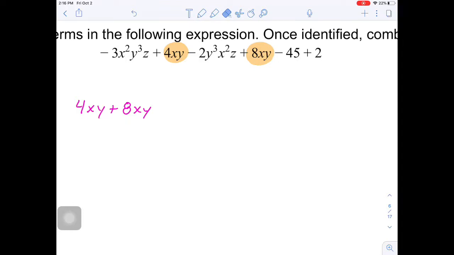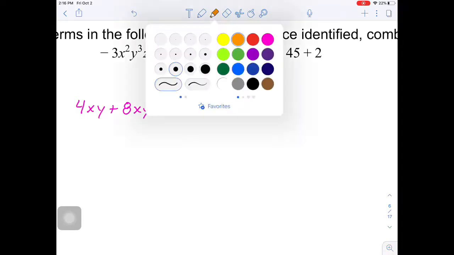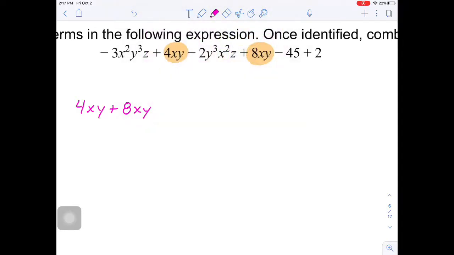Okay. Now, where else are there similar terms? So here we have x squared. This guy has x squared. Remember, multiplication is commutative. So it doesn't matter which order you multiply these things by, it all is the same thing. So order doesn't matter as long as you have the same variables with the same exponents. So x squared, y cubed, z to the power of 1, z to the power of 1.